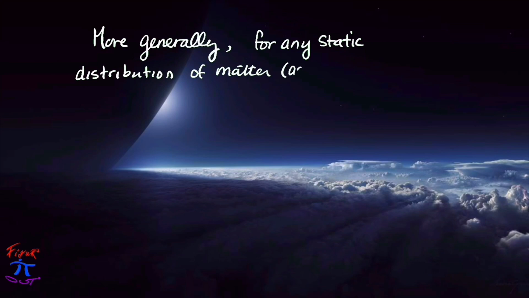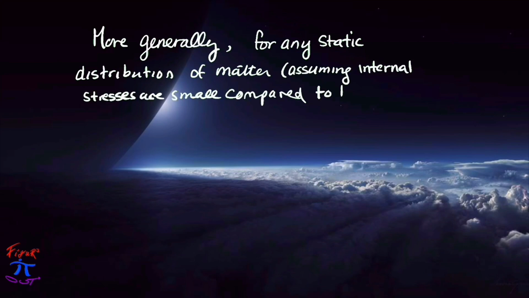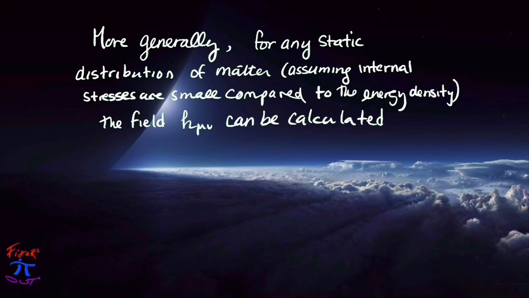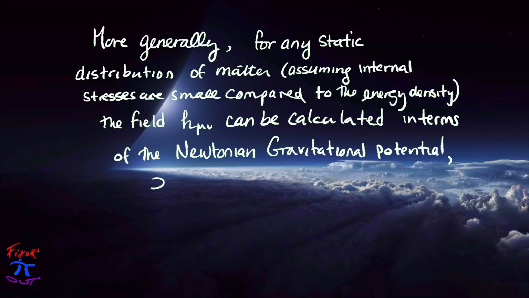More generally, for any static distribution of matter, now assuming internal stresses are small compared to the energy density, the field h mu nu can be calculated in terms of the Newtonian gravitational potential phi of x.